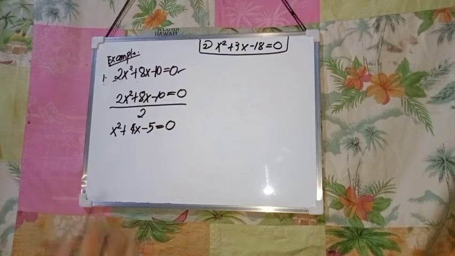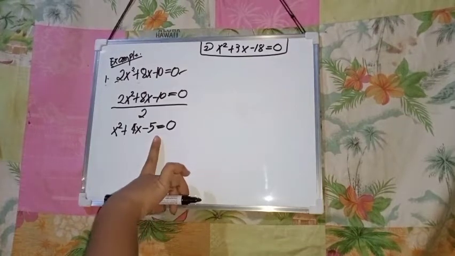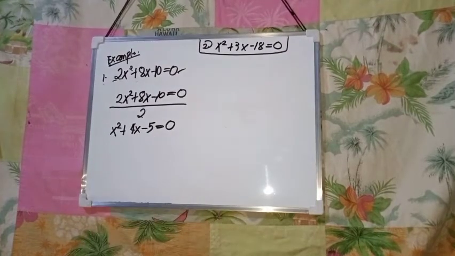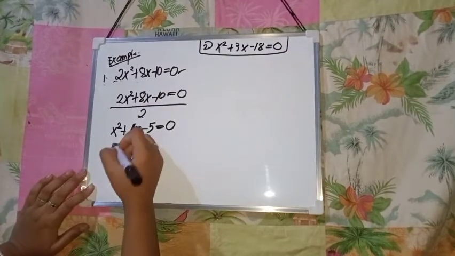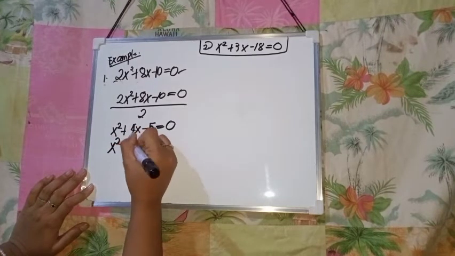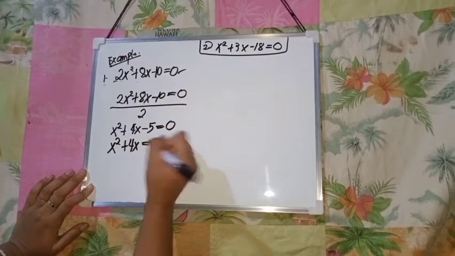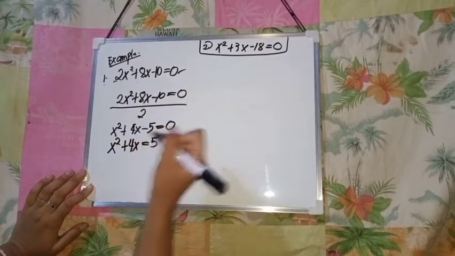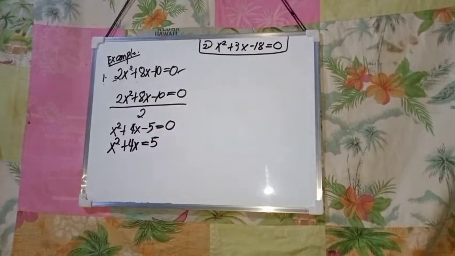Then we need to write the equation so that the c will be on the other side. We will use the additive inverse. So it will be x squared plus 4x is equal to positive 5.